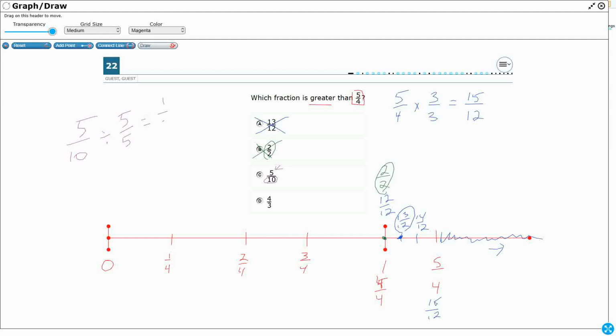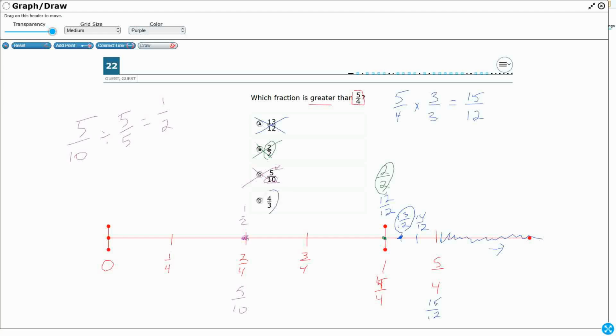And so that's going to be 1/2. Well, that's right here. That 2/4 is sitting in my 1/2 spot, so that's 5/10, 1/2. So that's not even greater than 1. And since 5 isn't greater than 10, it's not even greater than 1, so that can't possibly be it. So those are the 2 we can immediately eliminate.